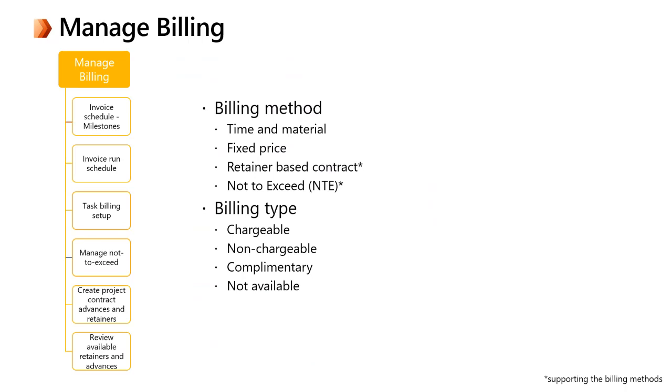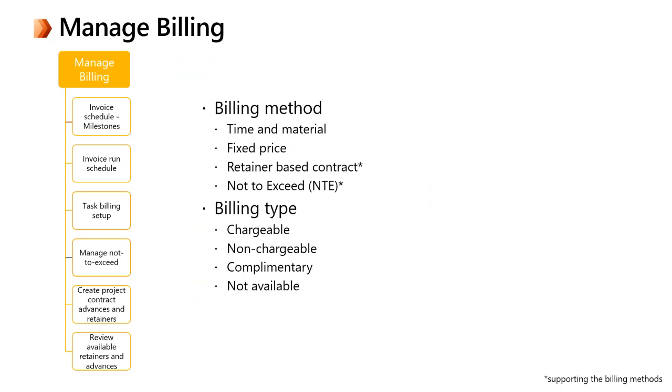Not available is a billing type that is used on the approval and actual line of the time, expenses, and material usage when it maps to a contract line that has a fixed price billing method. So even if you set that the specific time is chargeable, if that is linked to a fixed price contract line, eventually the system will convert it to not available.